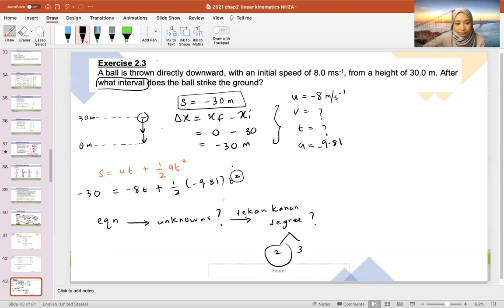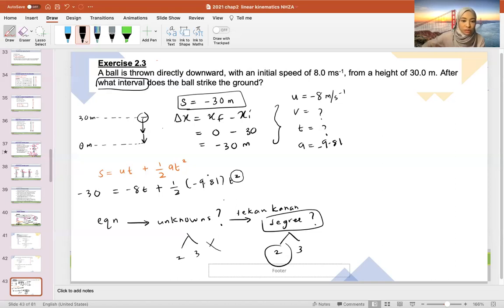So equation, tekan equation, it will go to unknowns. You don't want the unknowns. Unknown kita satu je. Kat situ dia punya option 2 dengan 3, which is wrong. It doesn't apply to our equation. Tekan ke kanan, dekat butang yang ada atas bawah kiri kanan tu kan. So tekan ke kanan, you will get degree. So tekan 2. Okay, so this is how you use the calculator kan untuk equation macam ni.